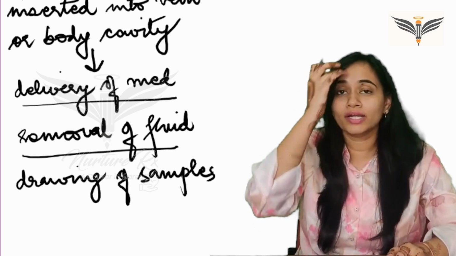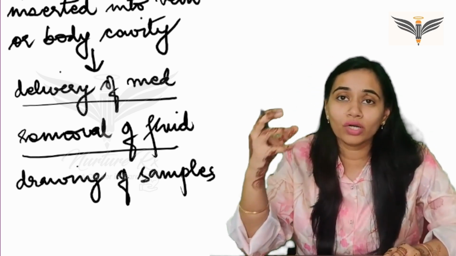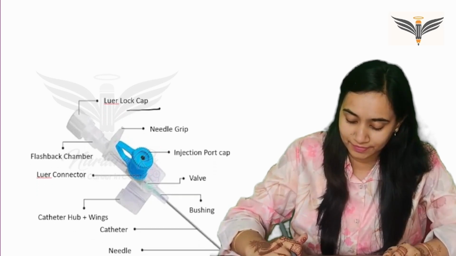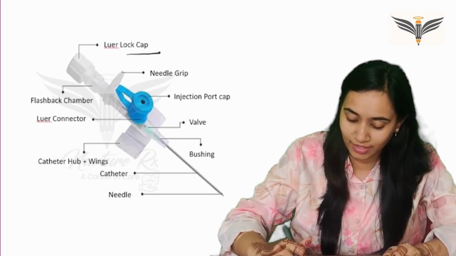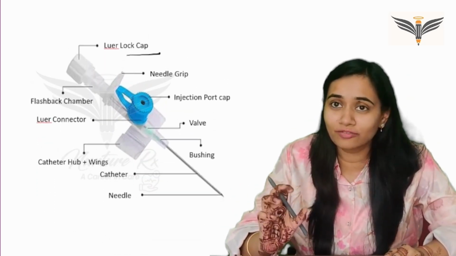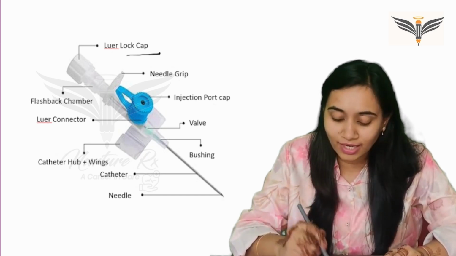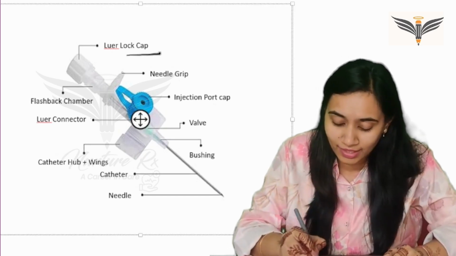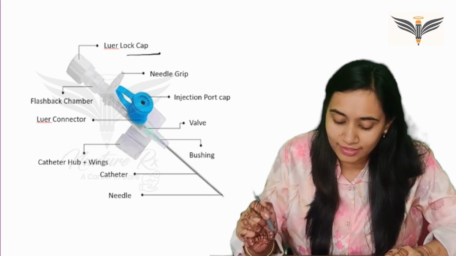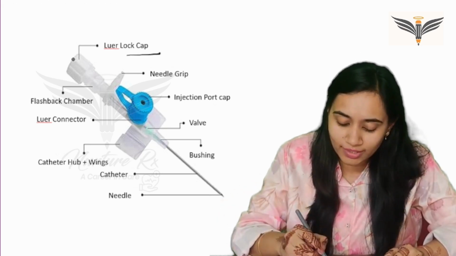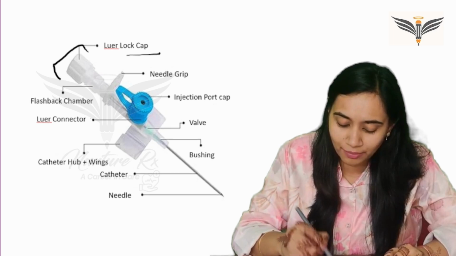So now we know what a cannula is. Let's see what the parts of a cannula are. You can see a picture of a cannula here with all its parts labeled. Let's start with the most distal part. This is a Luer lock cap. What does this Luer lock cap do?